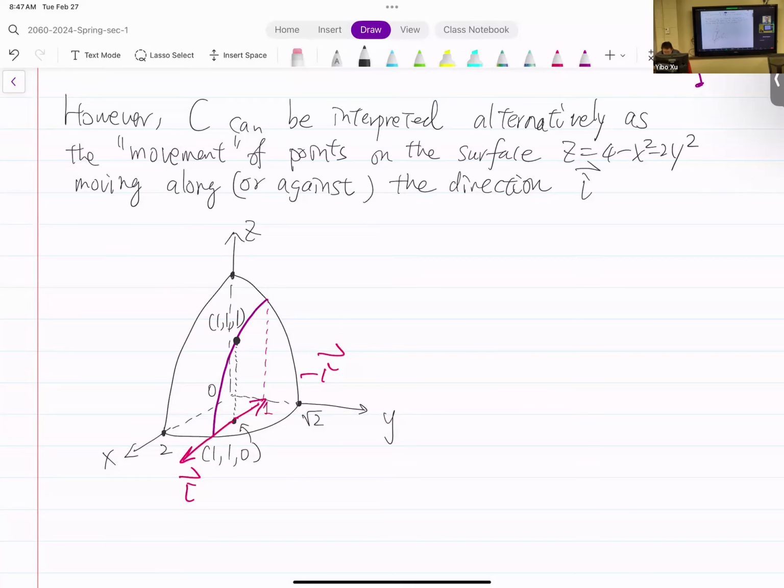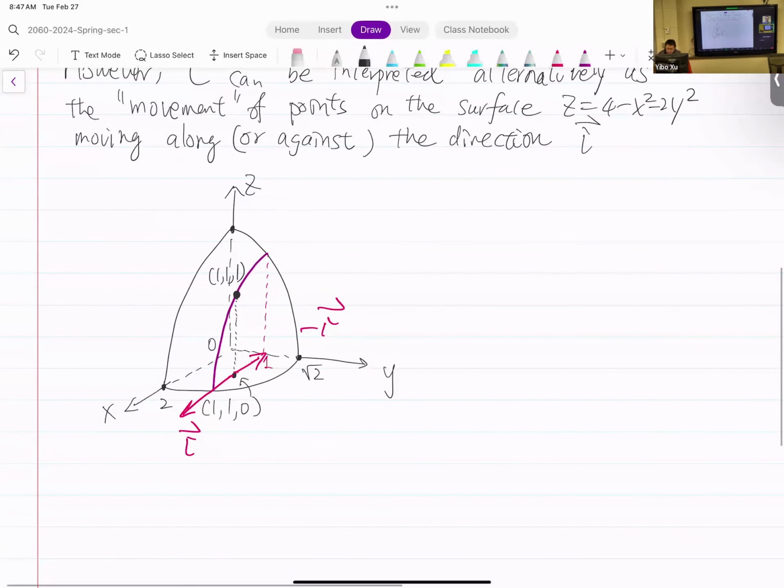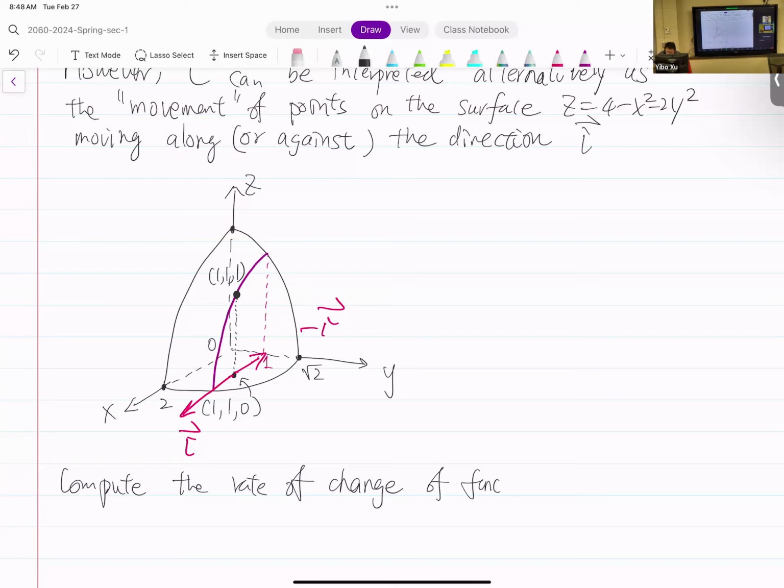So now we just treat this like a fresh concept, and here we want to compute the rate of change of the function z equals f of x, y.